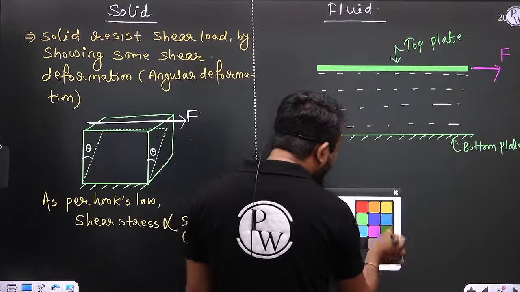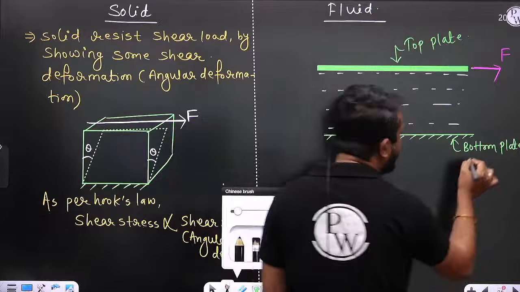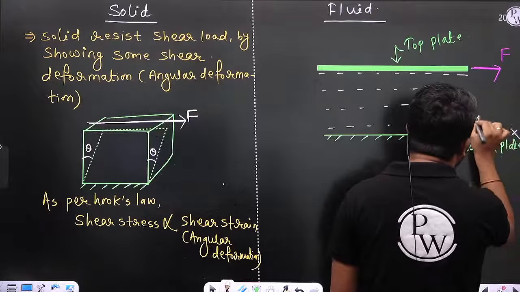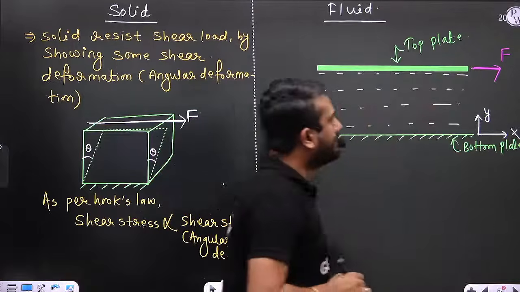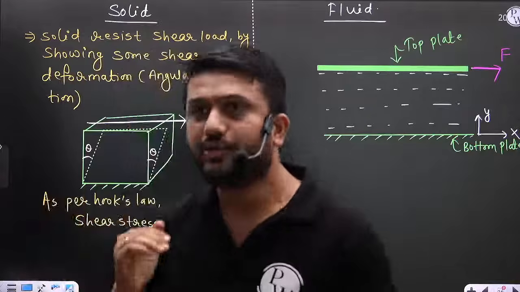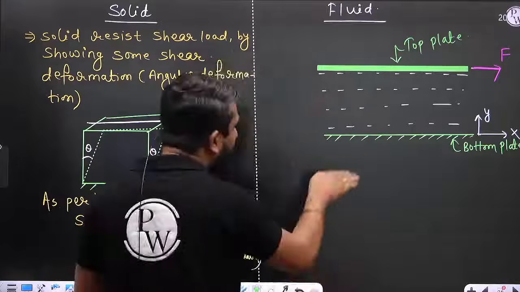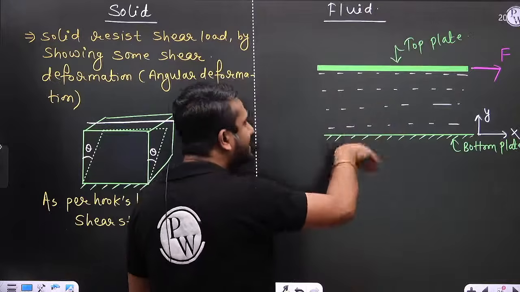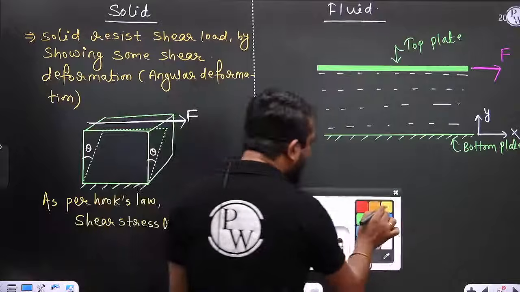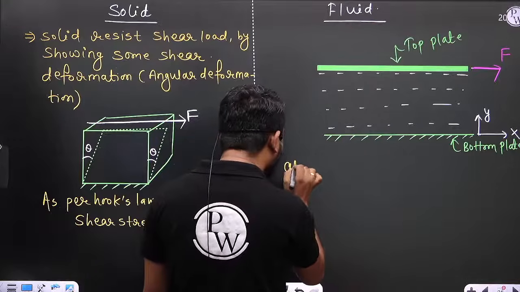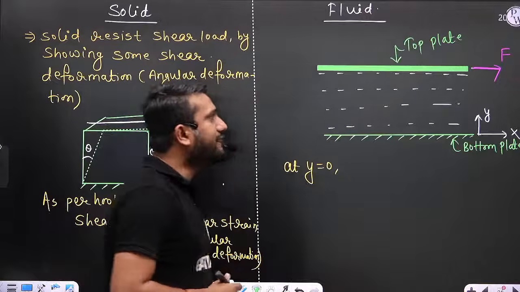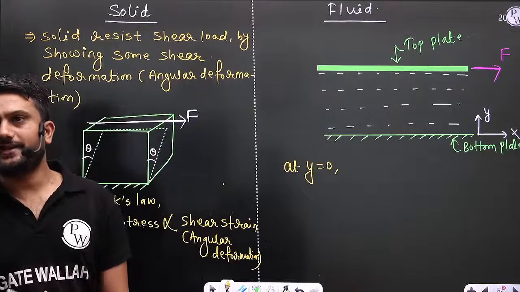If I am talking about a layer at y is equal to 0, let us consider this is the x direction and this is the y direction. If I am talking about the layer which is near the bottom plate, at y is equal to 0, what is the velocity of the fluid particle?